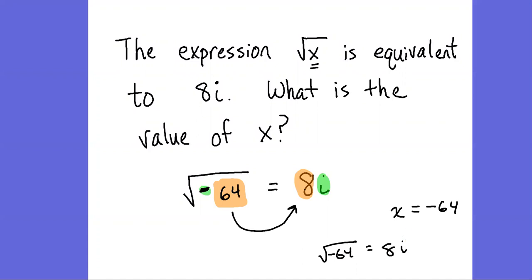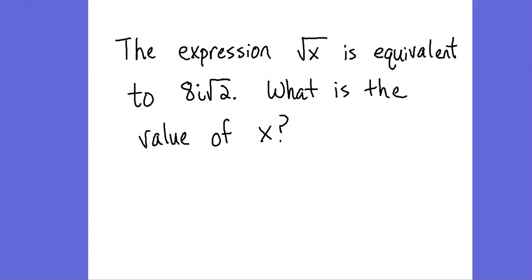Let's try another one of those. The expression root x is equivalent to 8i root 2. What is the value of x? All right, so once again, I'm taking the square root of something, and I want my answer to be 8i root 2. I'm going to work backwards again here.